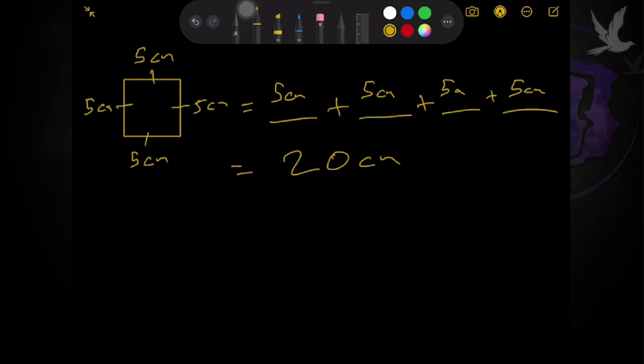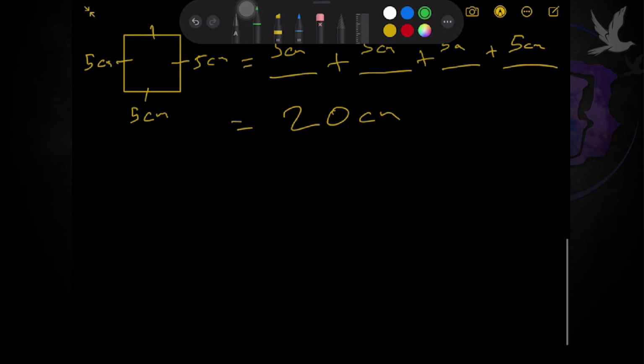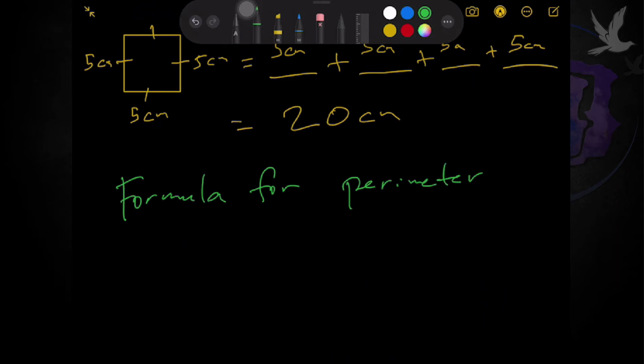Ganun lang kadali. Ngayon, it is actually also possible for us to do this mathematically. Okay? Formula. For mathematics kasi gumagamit tayo ng formula. Formula for perimeter of a square.